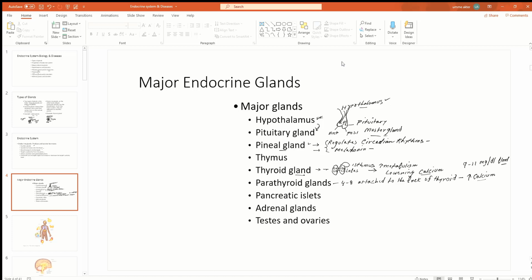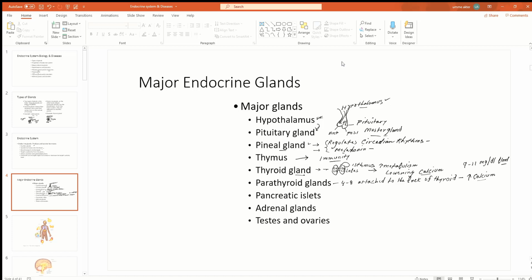Then thymus. Thymus is located further below, in the upper part of your chest or thorax, and thymus is responsible for immunity, defensive function of the body.